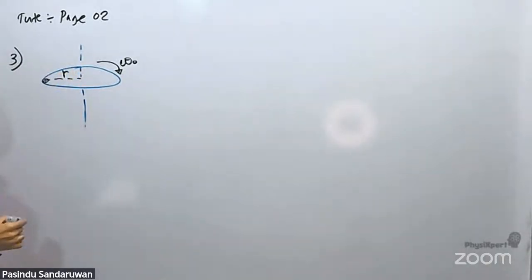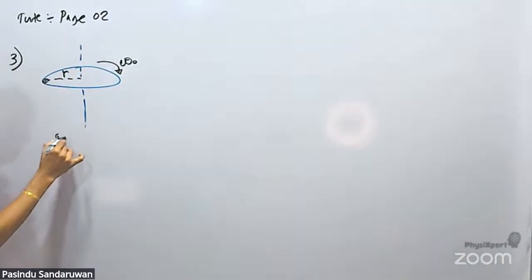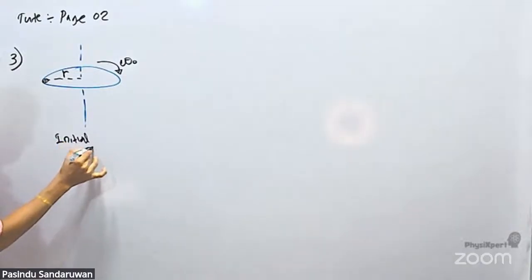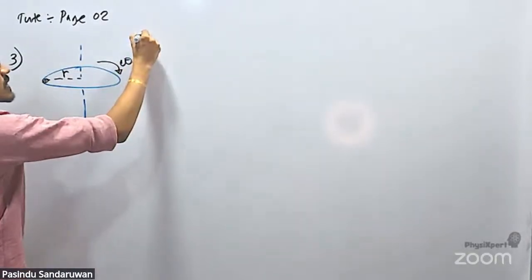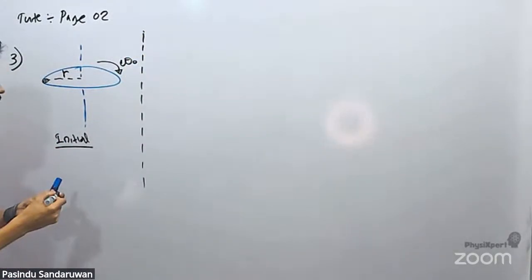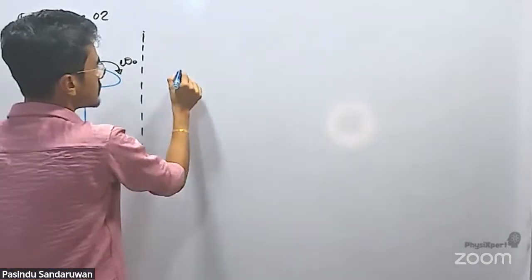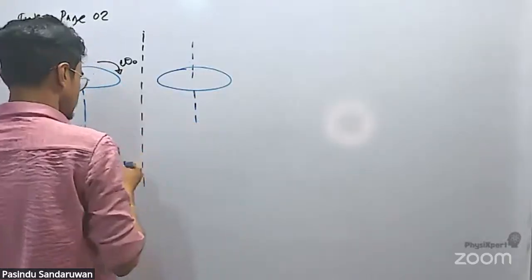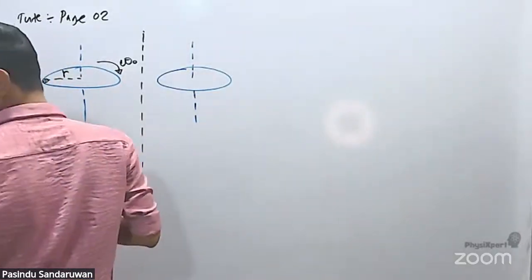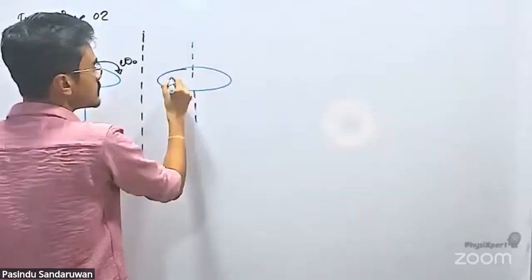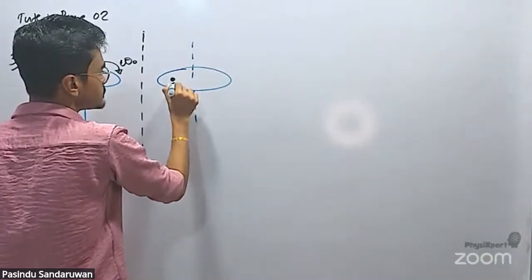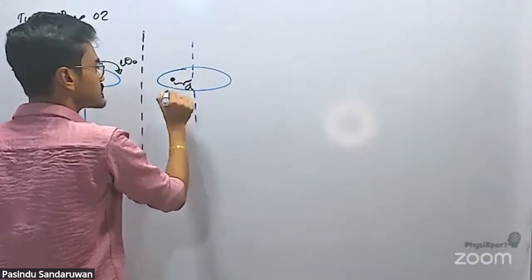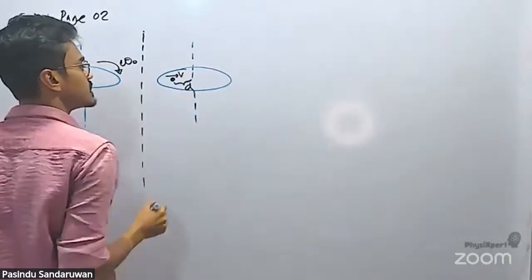This is the initial scenario. And in the next scenario, our ant has walked towards the center, and now it is d distance away, and its moving velocity is v.